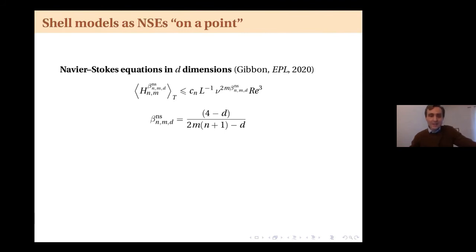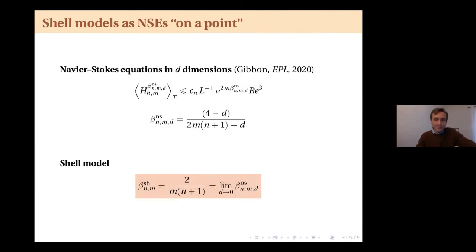Now, if we take the exponents for the shell model in the same estimates, we obtain that these coincide with those of the d-dimensional Navier-Stokes equation when d is equal to 0.